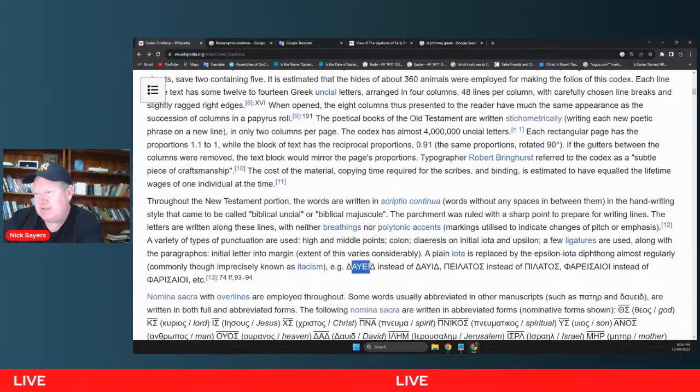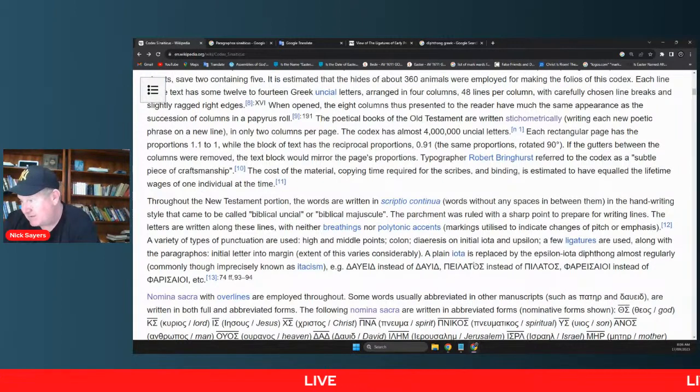So yeah, here we see some of the names. Like say this is the name for David, saying Matthew 1:1 would say that. So it has the epsilon and the iota instead of just the iota. So they're just saying sometimes they would add this extra thing, and most of the time it's just a phonetic way of doing things.